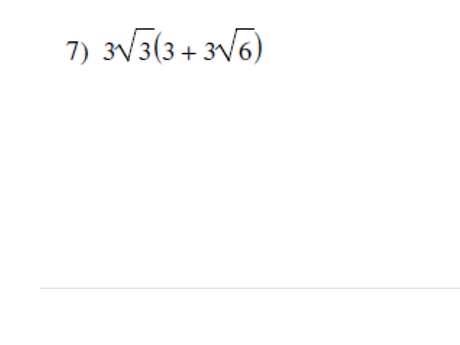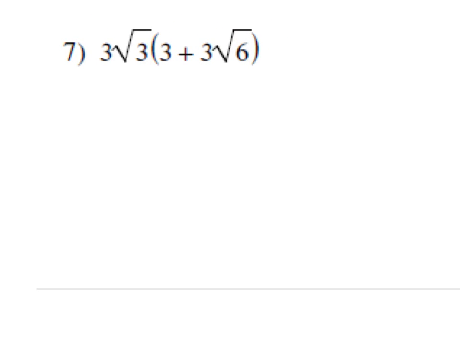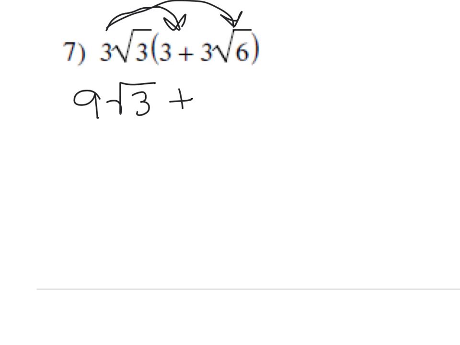Okay, for problem number 7, we are going to distribute this 3 root 3. And so when I do that, I get 3 times 3 is 9 root 3 plus, and then 3 times 3 is 9 again, root. And now I'm going to multiply these roots together.